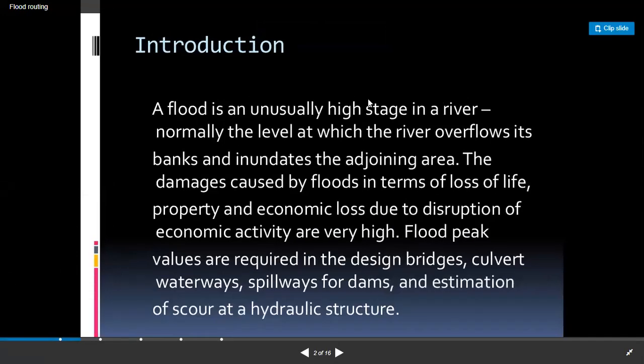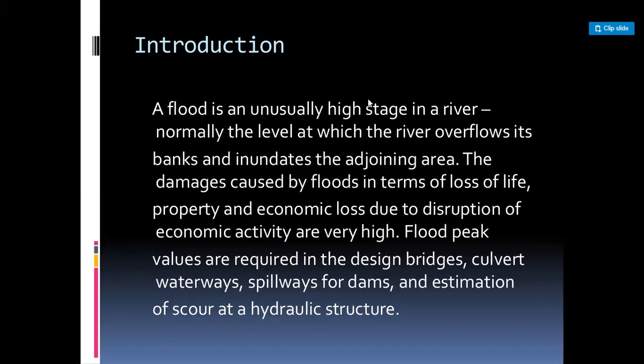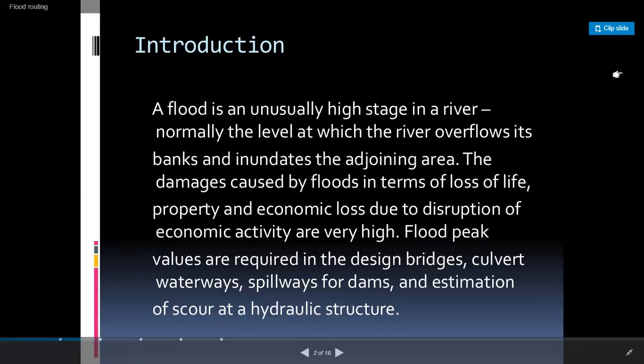Guys, here is the introduction. A flood is an unusually high stage in a river, normally the level at which the river overflows its banks and inundates the adjoining area.